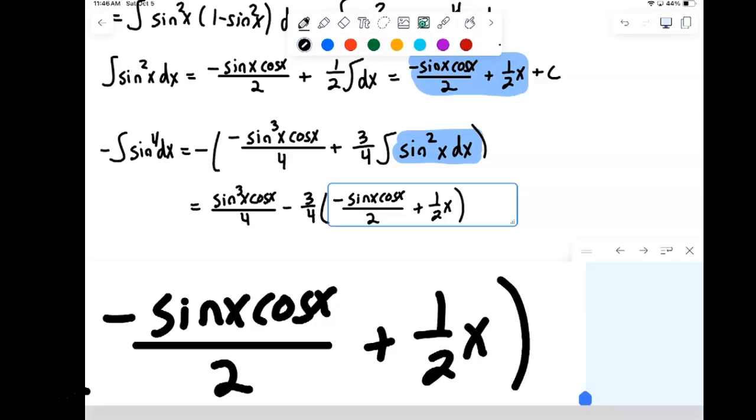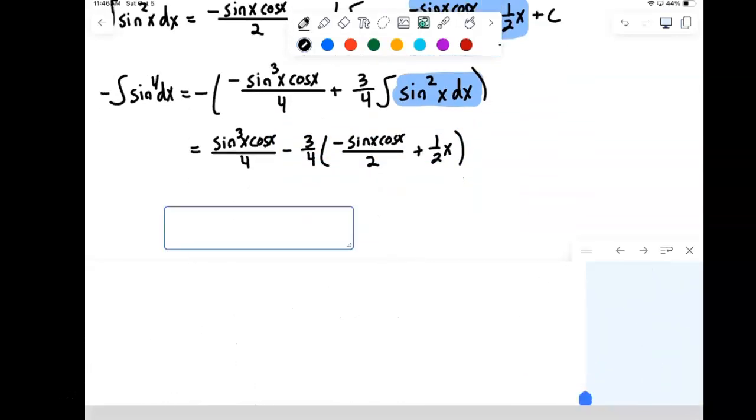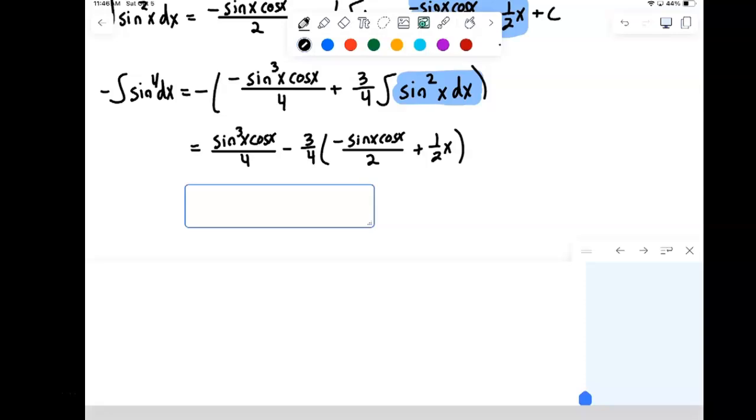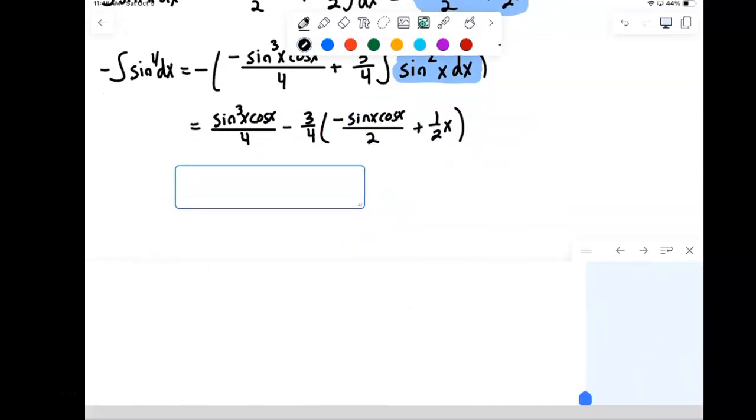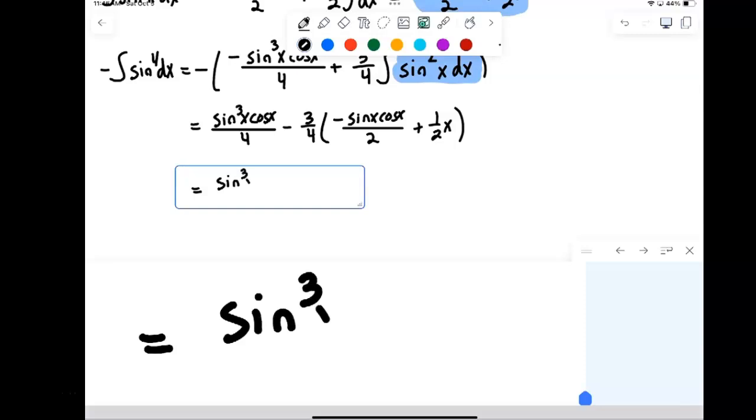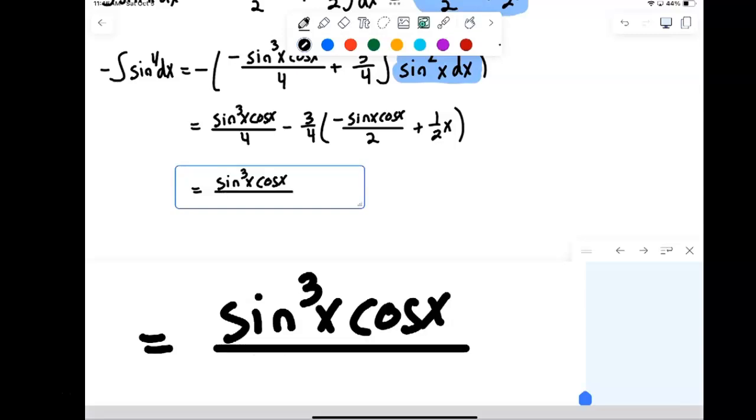Then I'm just going to simplify that one step further. Distribute the negative 3/4 through, and I will have sine cubed x cosine x all over 4.